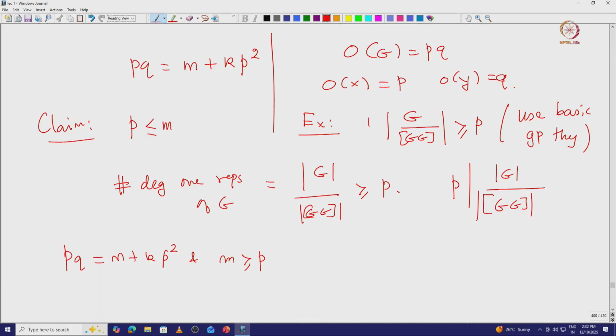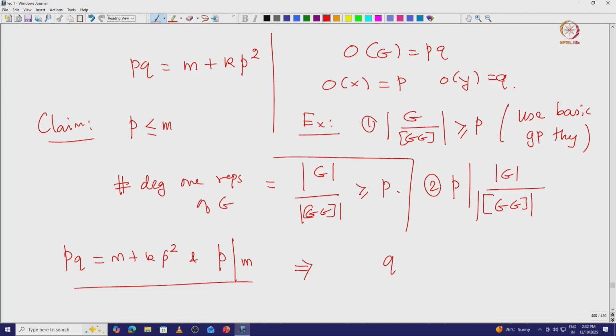This is also something you can prove using some basic group theory. So, we have pq equal to m plus kp squared and then p divides m. From this we conclude that q is going to be m by p plus kp.